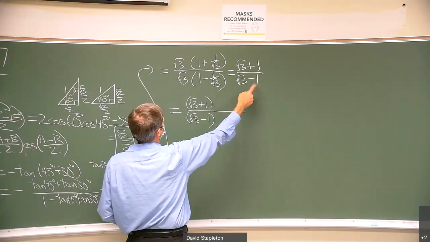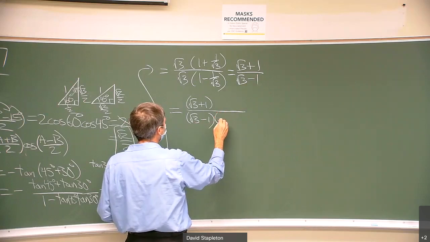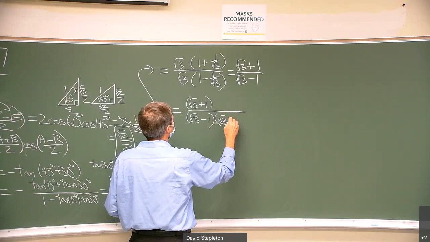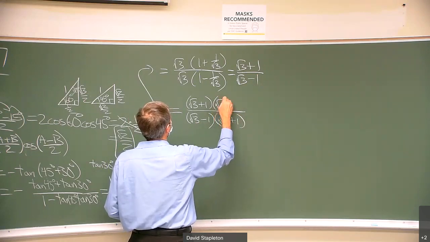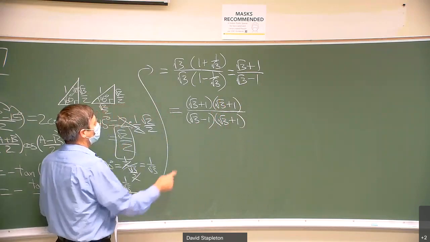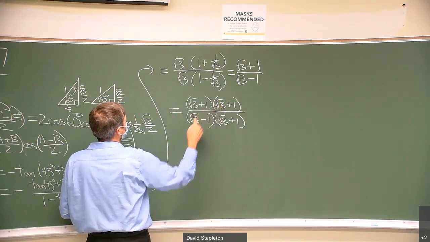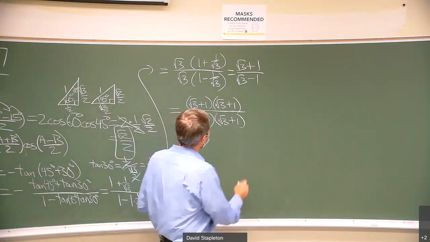So minus by plus. So I multiply top and bottom by the conjugate of the denominator. I'll call this square root 3 plus 1. I'll multiply that top and bottom. If I multiply the denominator by its conjugate, all the roots will fall out. And not so in the numerator, but that's all right.